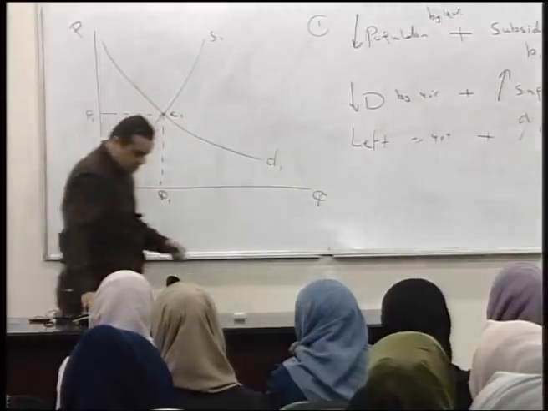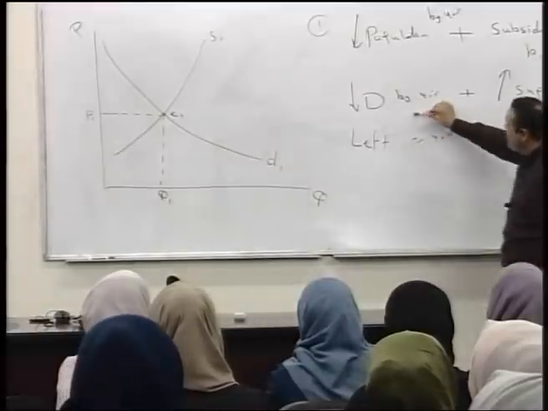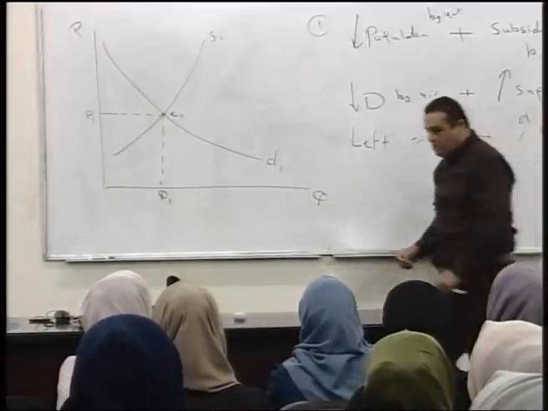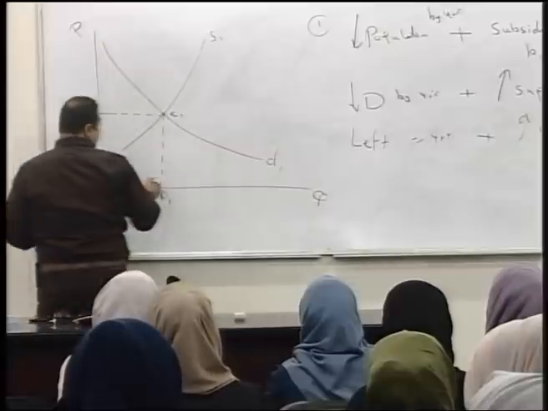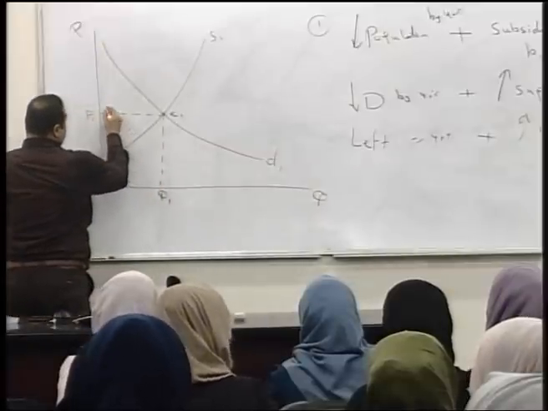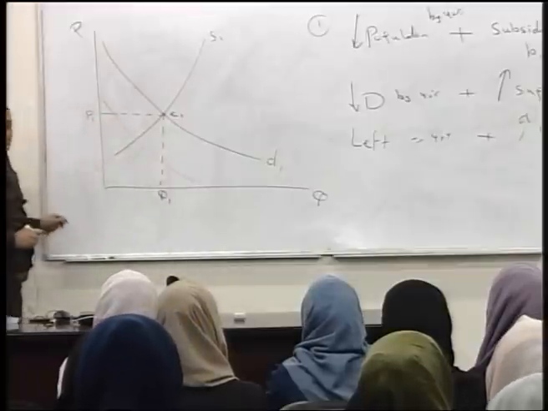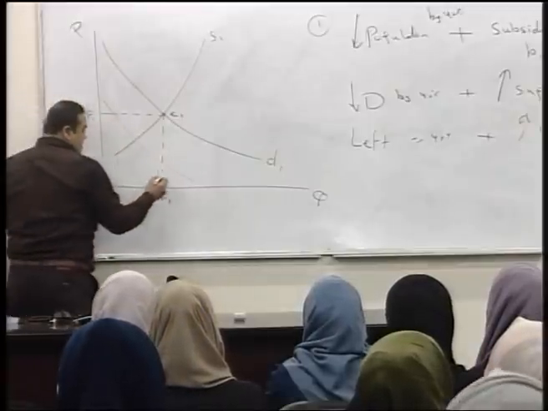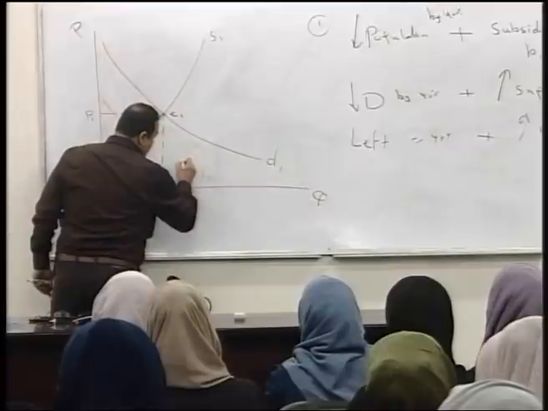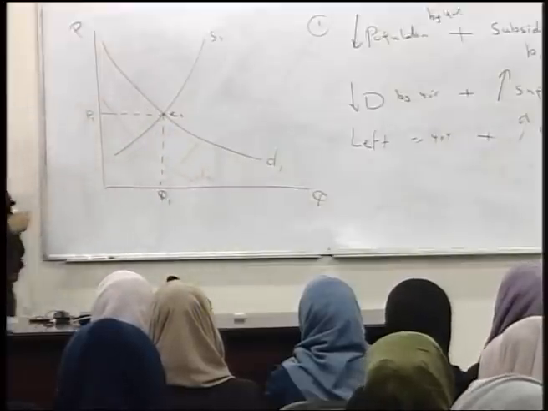According to our assumption here, demand shifts left by 40%, to D2. Try to make it bigger so that it is clear.